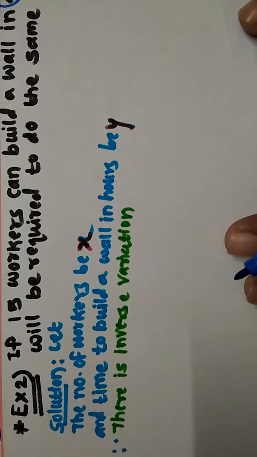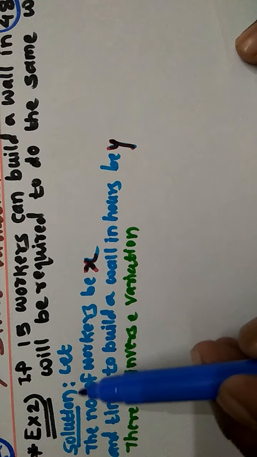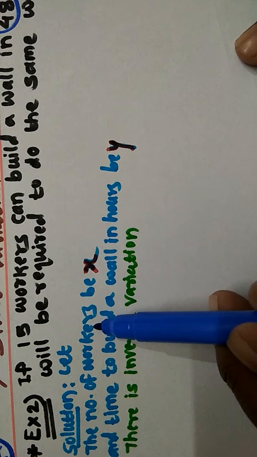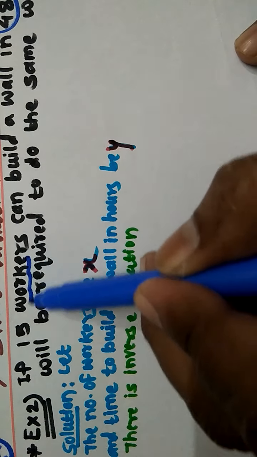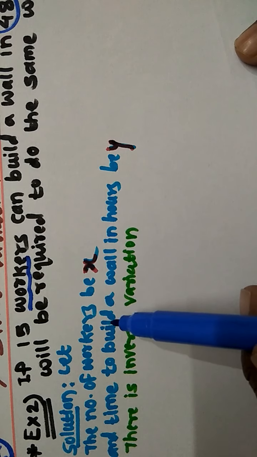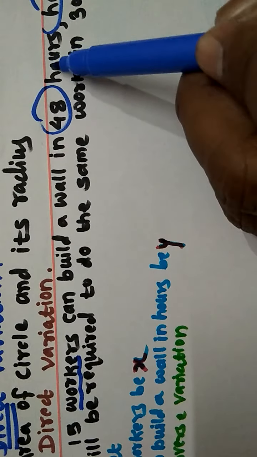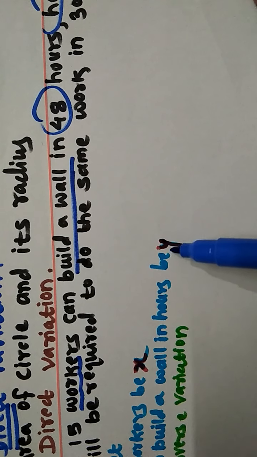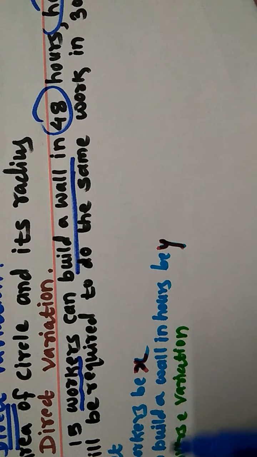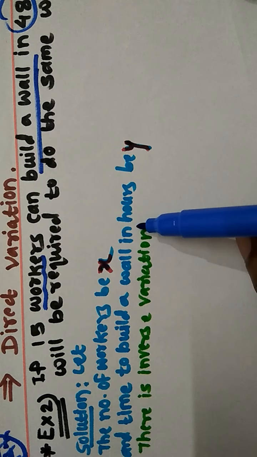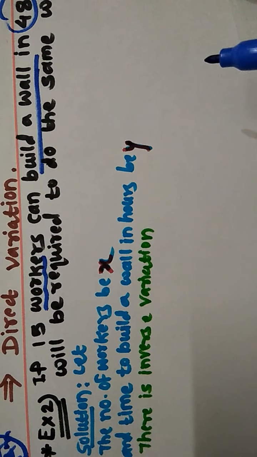Now there are two variables. First we assume, let the number of workers be x, and the time taken to build the wall in hours be y.